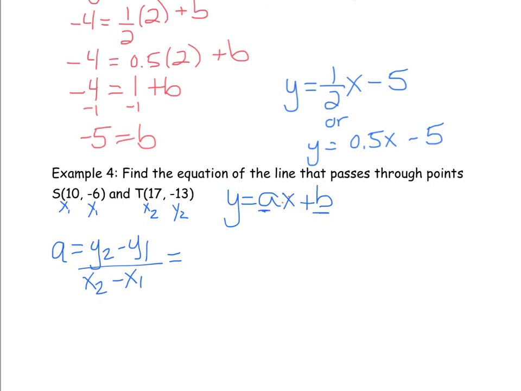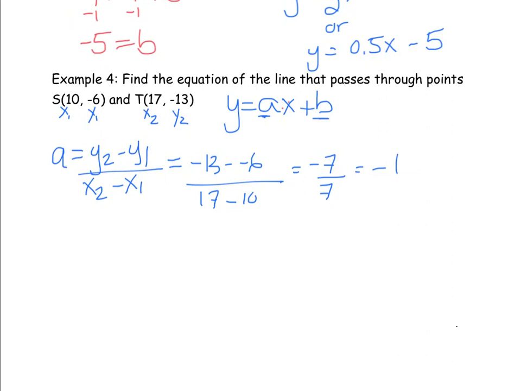So I'm going to be doing negative 13 minus negative 6 over 17 minus 10. That gives me negative 7 over 7. When I reduce that, I get negative 1. Okay. Now that I have my slope, I'm going to sub it into my equation.